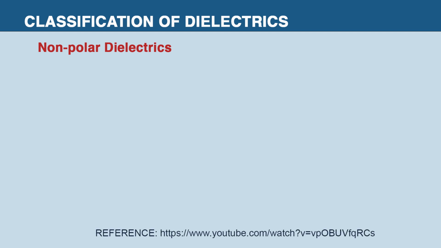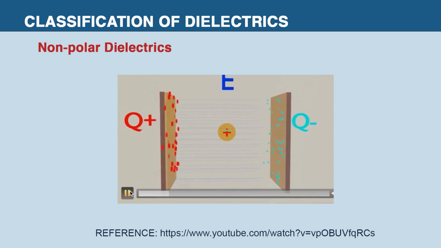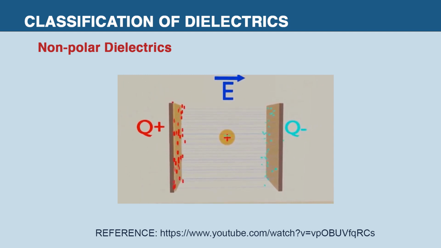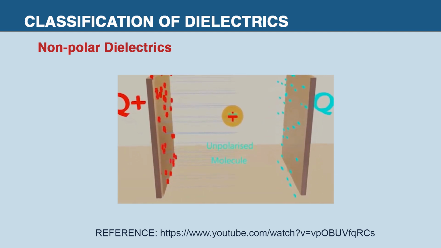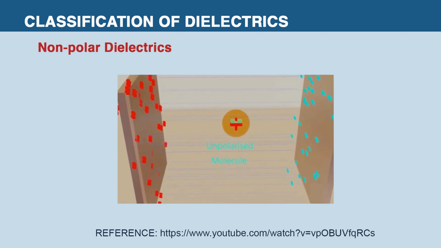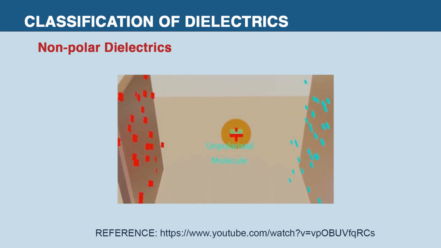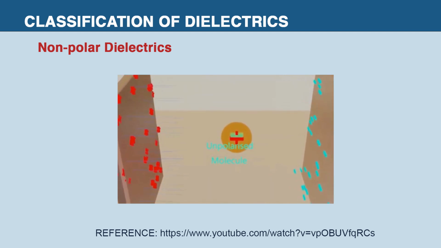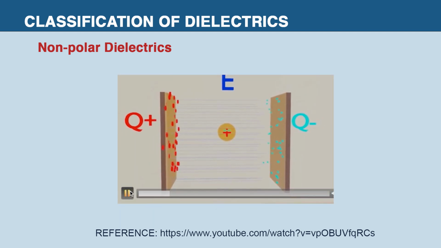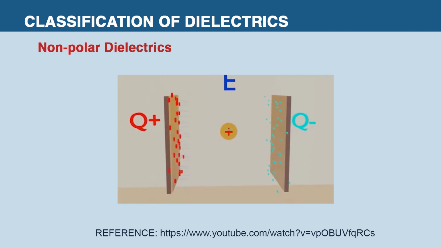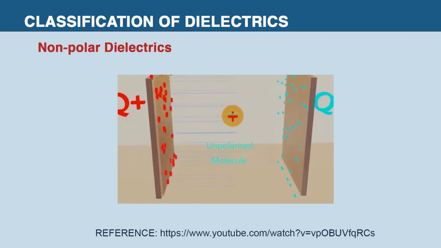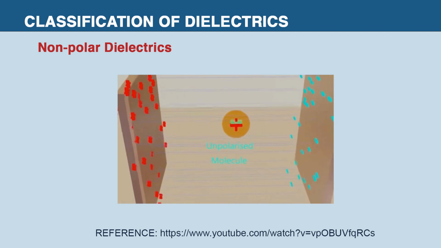In non-polar dielectrics, the diagram shows molecules do not have a permanent dipole moment. For example, nitrogen. In this material, the positive and negative charges are symmetrically distributed and there is no net dipole moment when there is no external electric field.